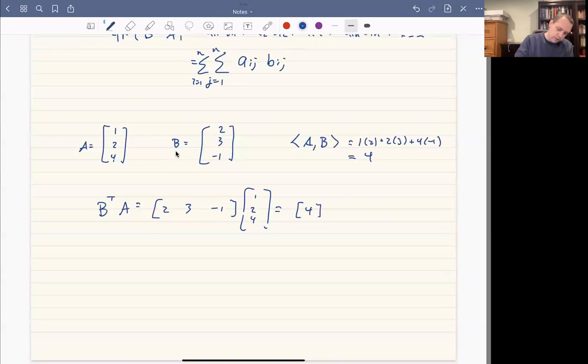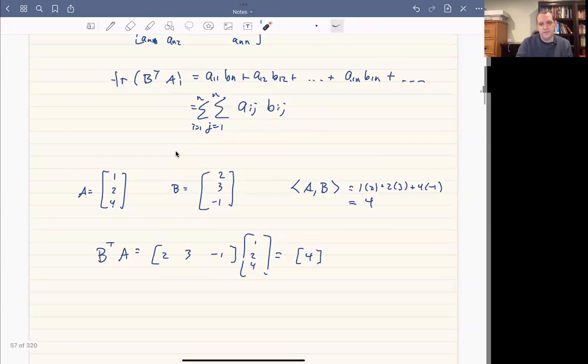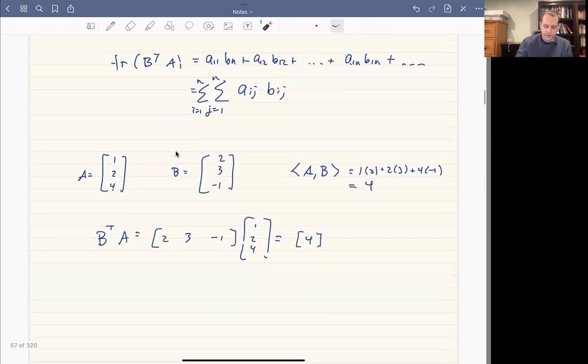And so you get a 1 by 1 matrix, because this is 1 by 3 and 3 by 1, so their product is 1 by 1. And 1 by 1 matrices you can just identify with real numbers, so there's no point in writing brackets around it. In general, if you had bigger matrices, you would want to talk about the trace in order to get that. But if you have just a 1 by 1 matrix, the trace is just 4. That's right. It's just the sum of that only entry in there.